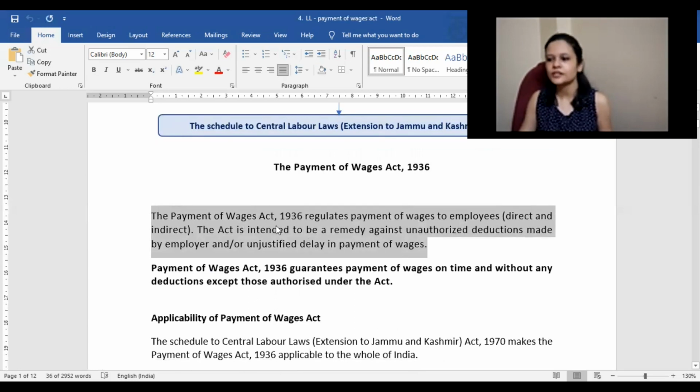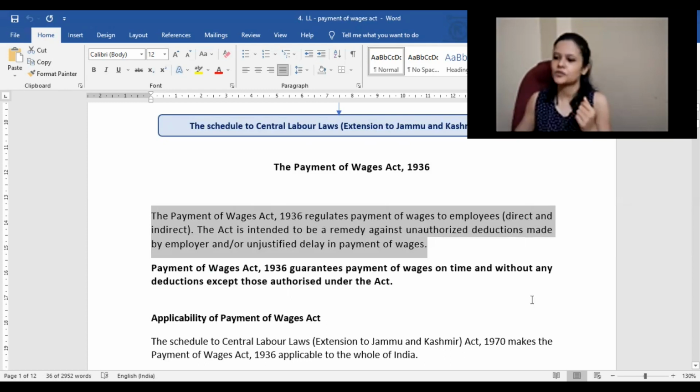The Payment of Wages Act 1936 regulates payment of wages to employees, whether direct or indirect. This Act is intended to be a remedy against unauthorized deductions made by the employer or unjust delay in payment of wages.